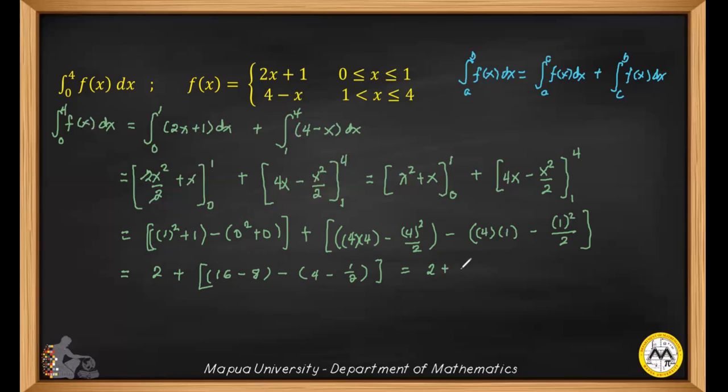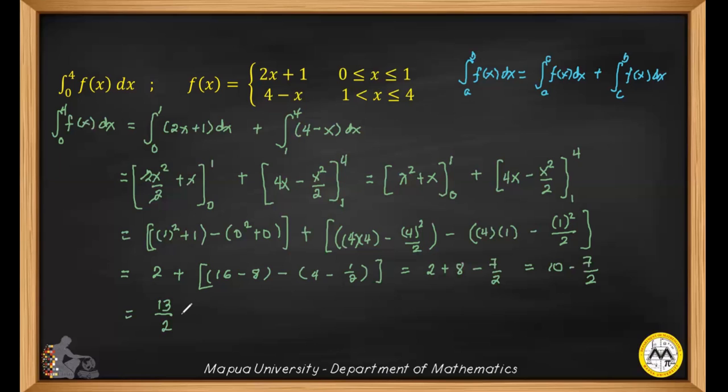If we remove the parentheses, or the grouping symbol rather, that will simply give us 8 minus 4 minus 1 half is 7 over 2, which is equal to 10 minus 7 over 2. And 10 minus 7 over 2 is 13 over 2.